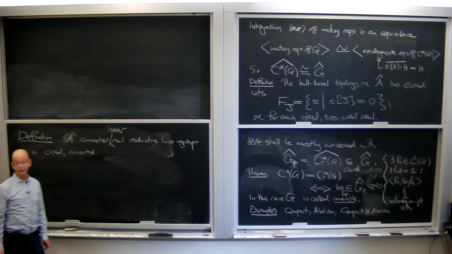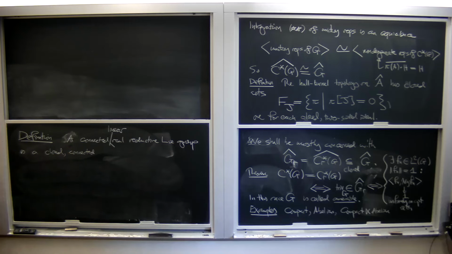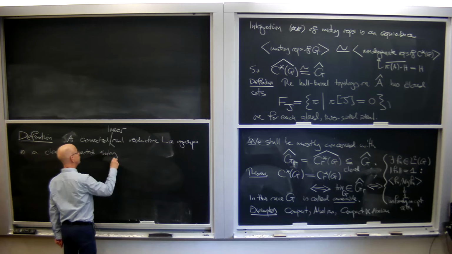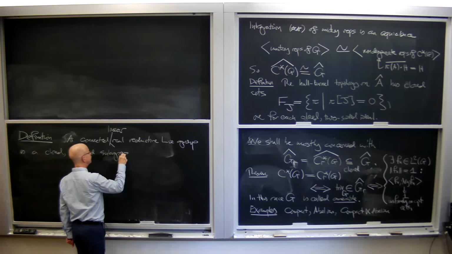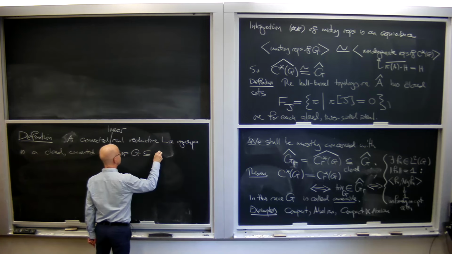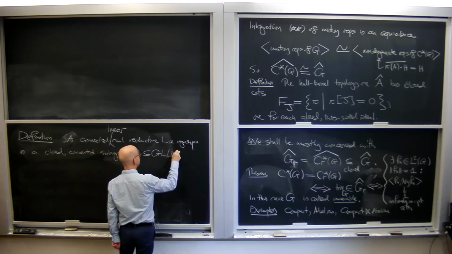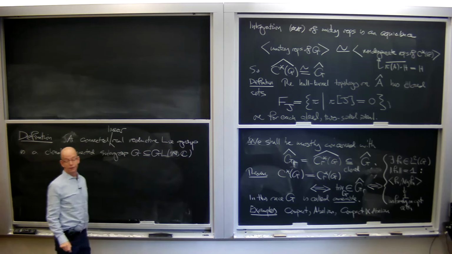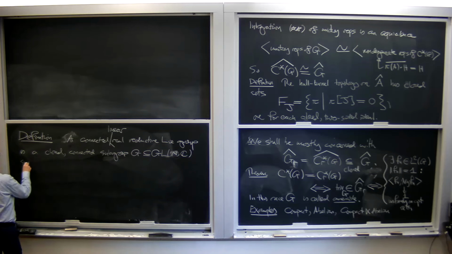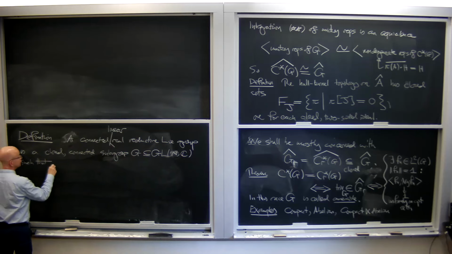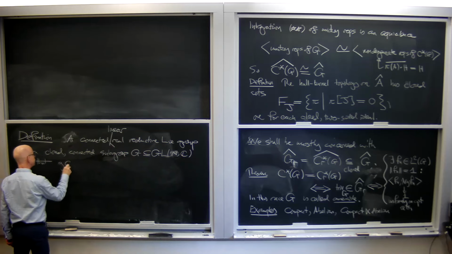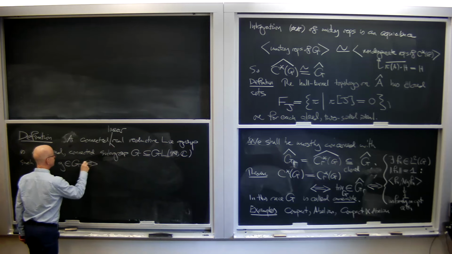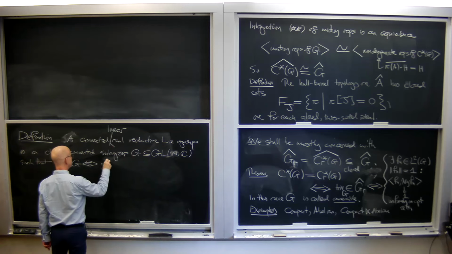Let's make them all, as they say, linear, because that simplifies the story a lot. A connected linear real reductive Lie group is a closed connected subgroup, and this is what linear is all about, sitting inside of some GL(n, C), with just one more property, that the group is adjoint closed. It's, as they say, symmetric.